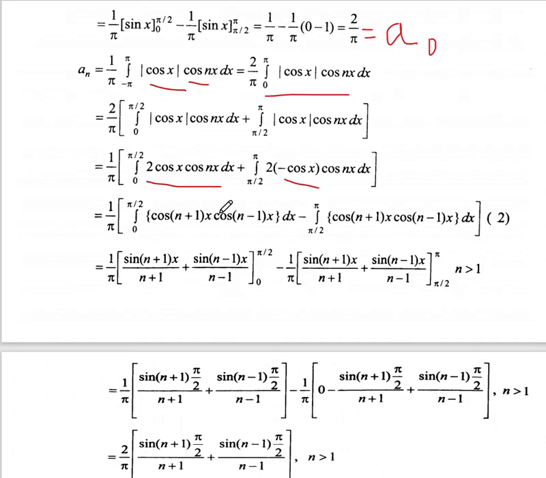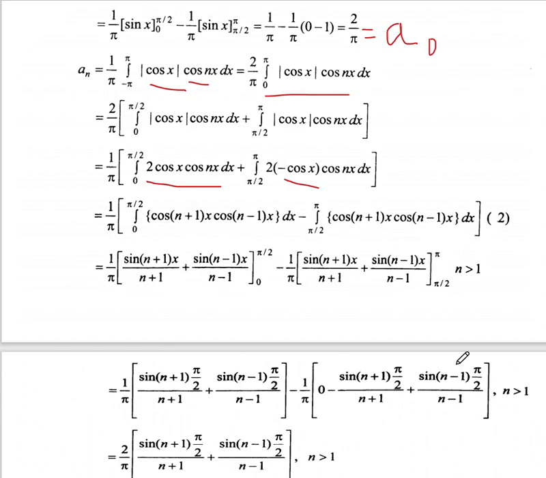So 1 upon pi, integral 0 to pi by 2, of cos n plus 1 x plus cos n minus 1 x dx, and this minus sign is common, minus the integral from pi by 2 to pi of cos n plus 1 x plus cos n minus 1 x dx.